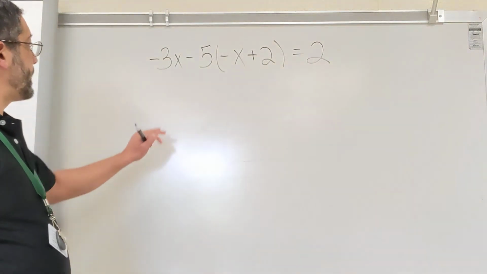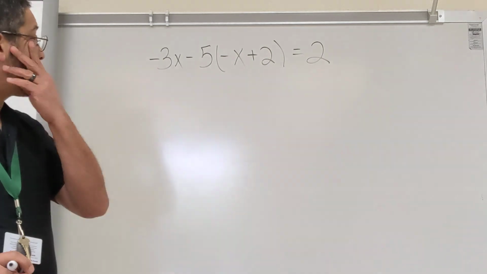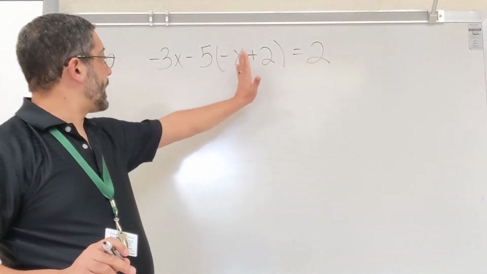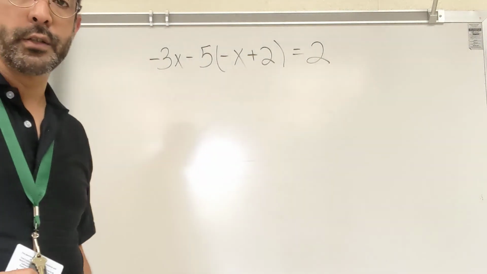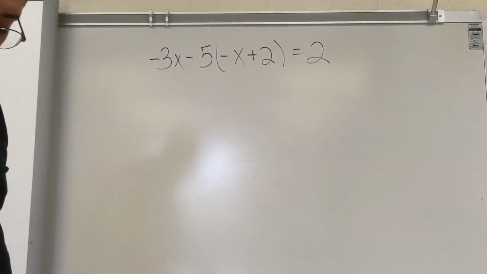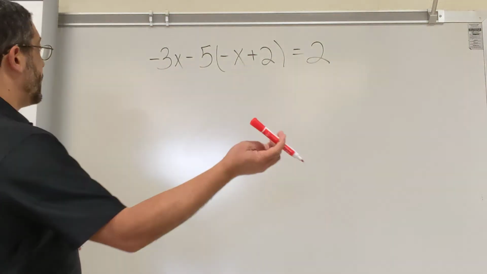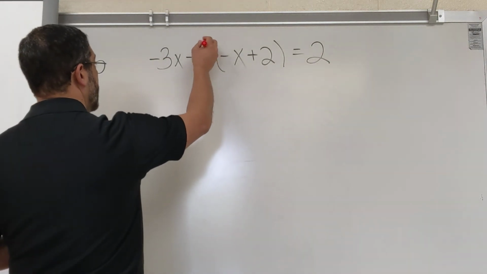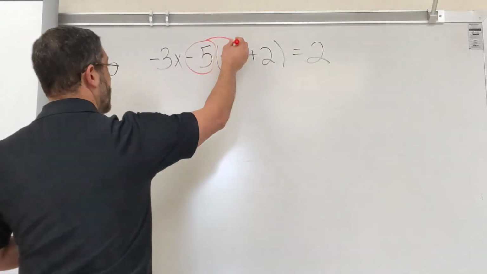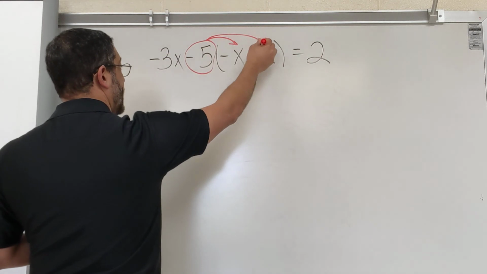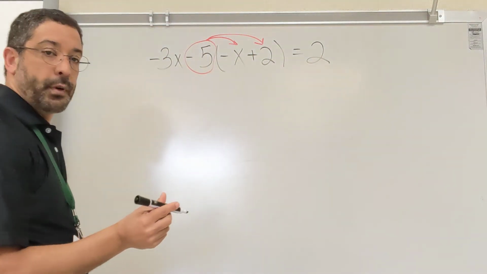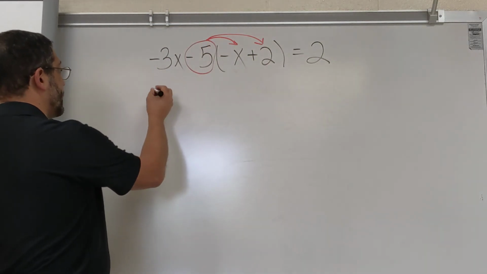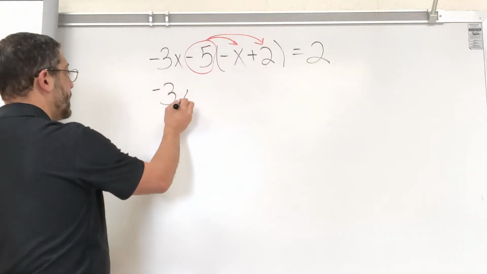All right, so number 2 is negative 3x minus 5 times negative x plus 2 equals 2. I do the same thing, I'm going to distribute this entire thing. So the negative 5 is going to distribute to everything inside parentheses. So that's going to give me a negative 3x.